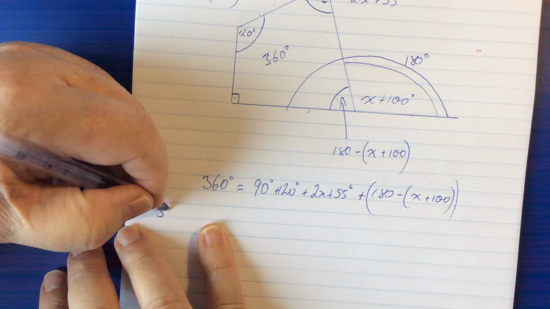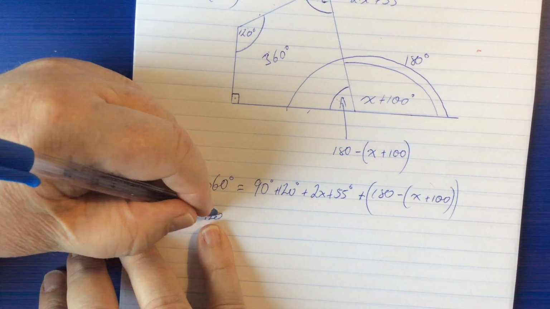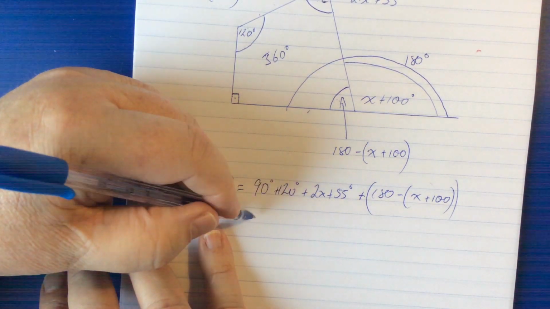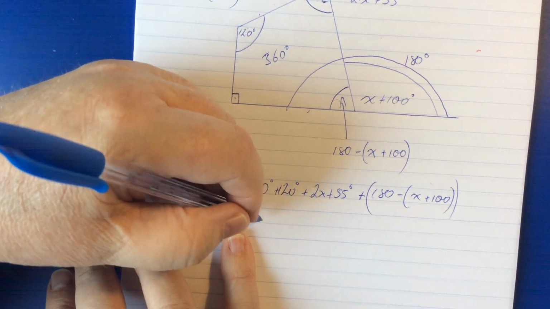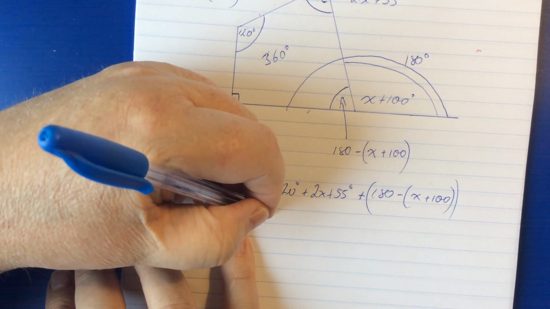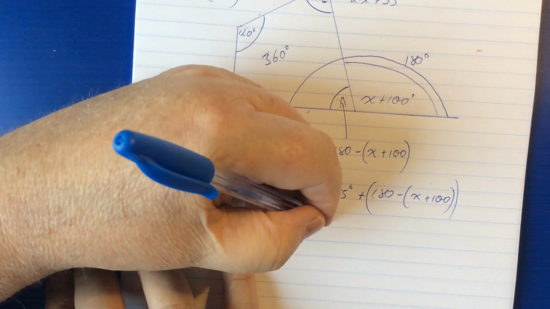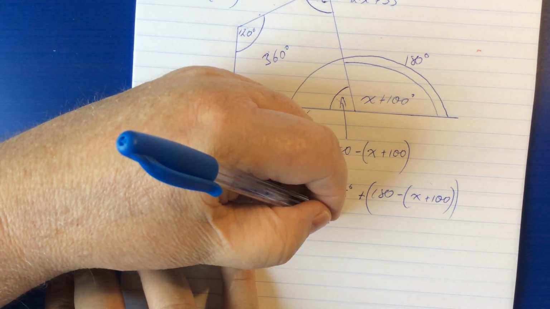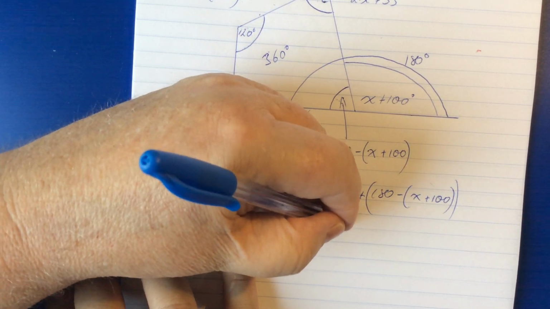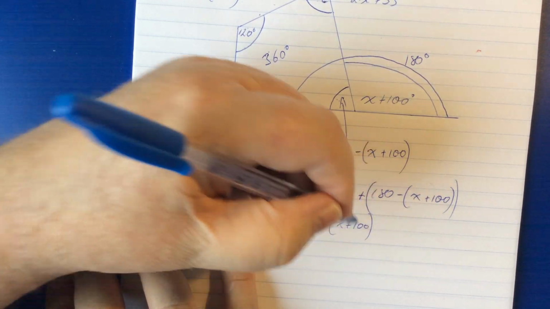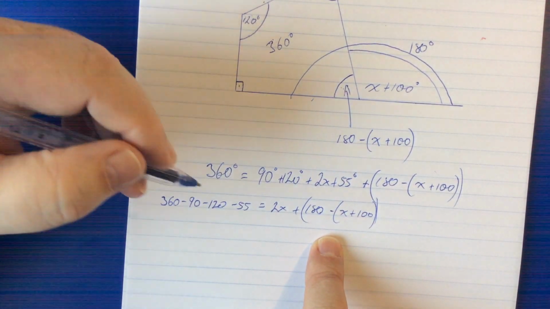So we've got 360 minus 90 minus 120 minus 55. And what we still have over here is 2x plus 180 minus x plus 100. So we need to sort this out a little bit.